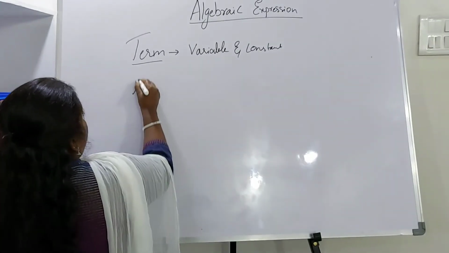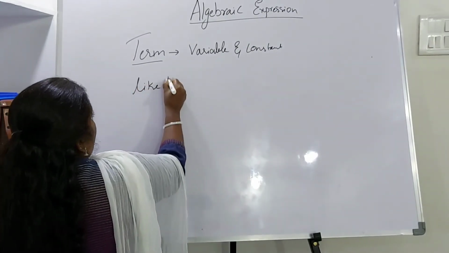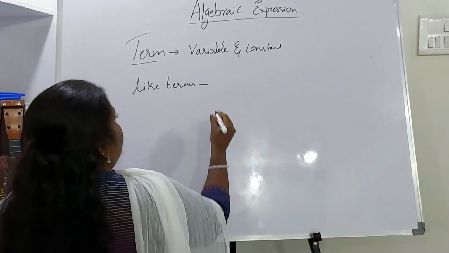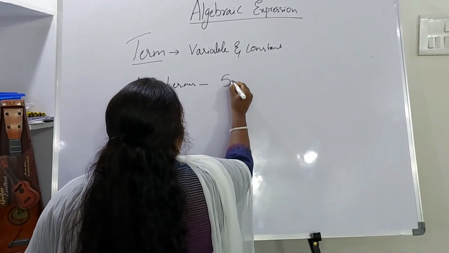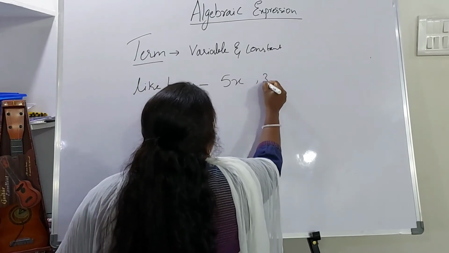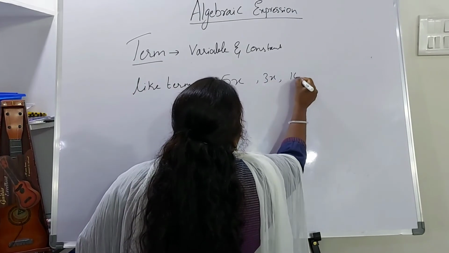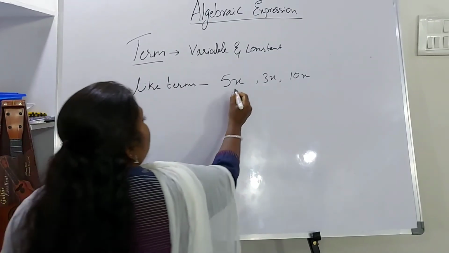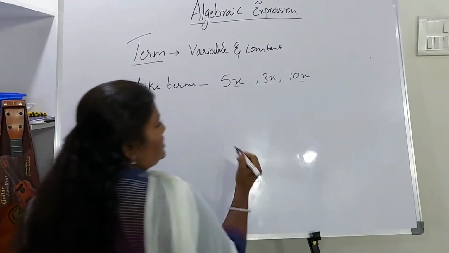Those are like term. Now for instance, I'll take 5x, 3x, 10x. Now here these are called like terms because the variable is the same.